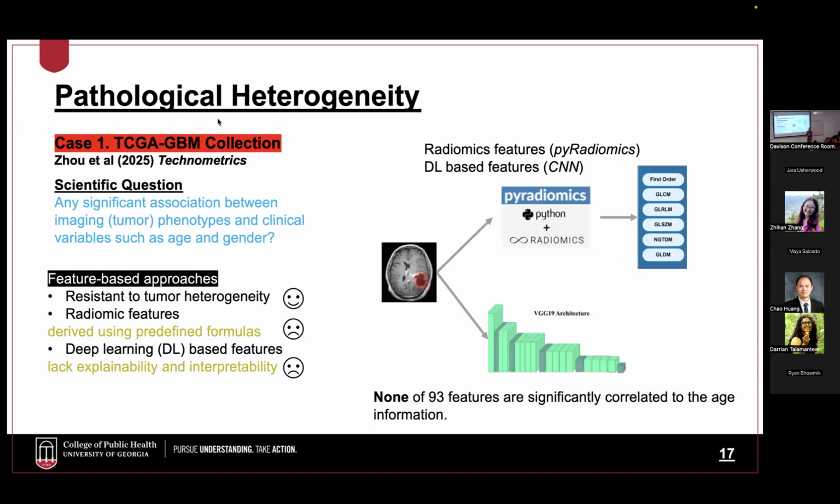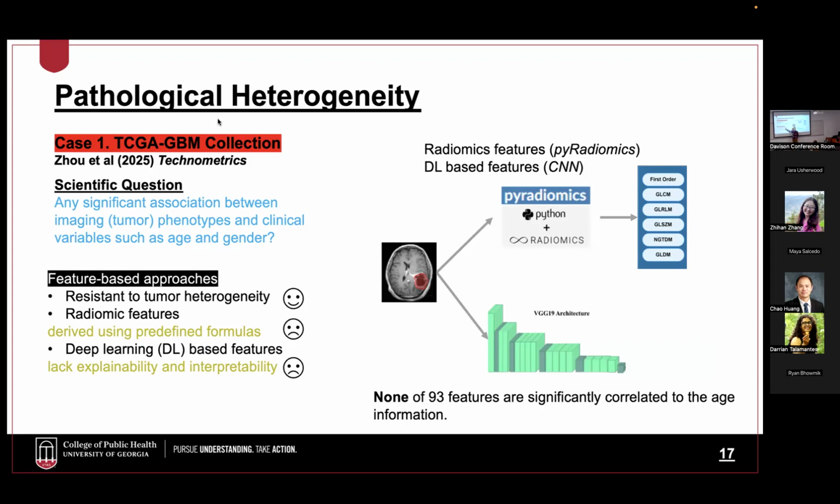So typically, in these radiomics studies, the straightforward way is that people usually just use some feature extraction methods to extract features from these tumor areas, and then they use these features to conduct the association with the variable you are interested in. For example, here I give you guys two different ways.